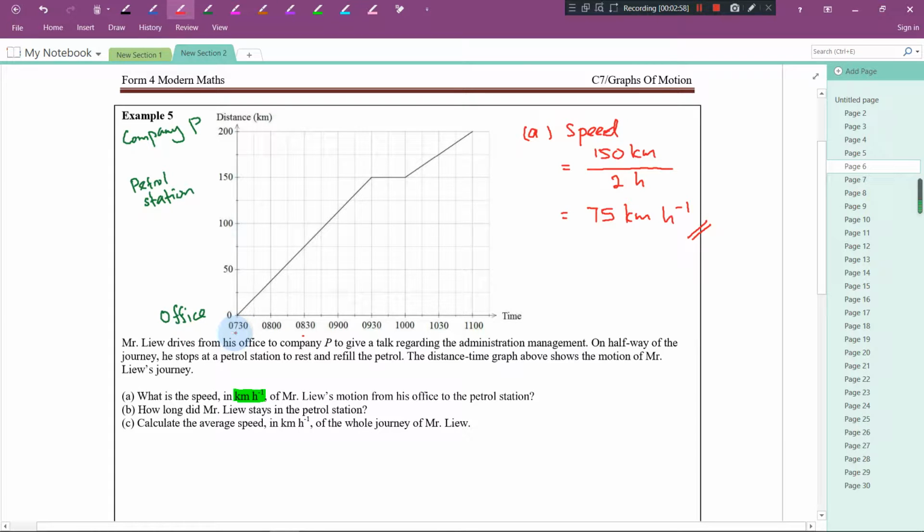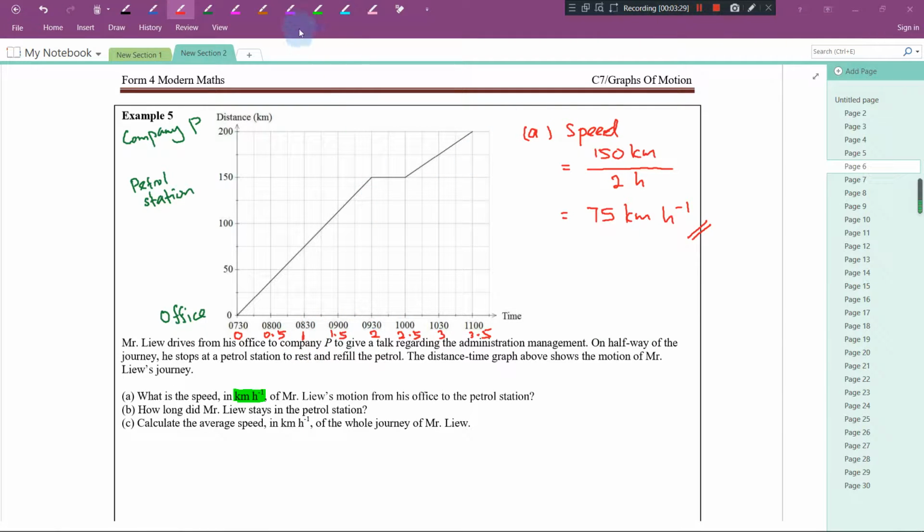Here we assume 0 hours. After half an hour is 0.5. From 7:30 until 8:30 will be 1 hour, this is 1.5 hours, this is 2 hours, 2.5, 3, and 3.5.